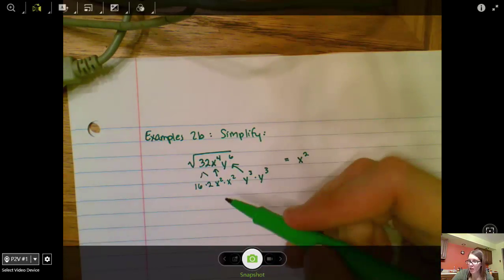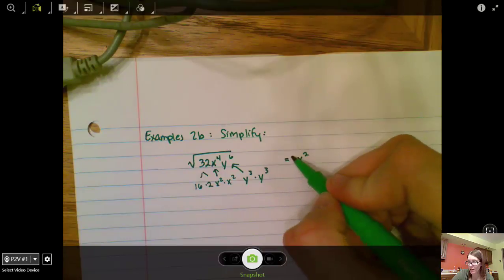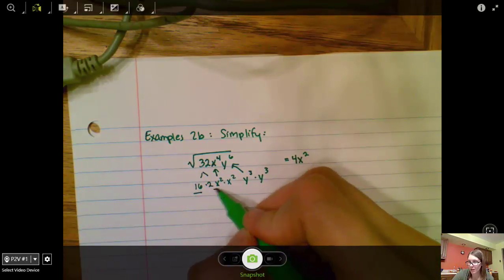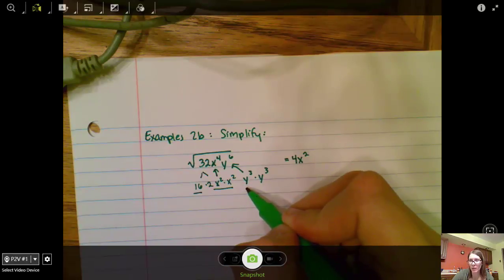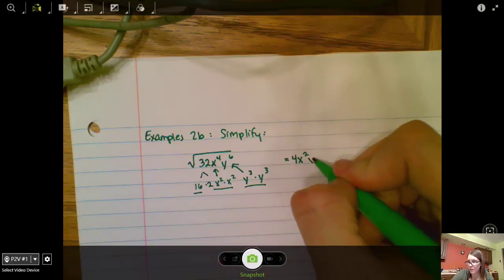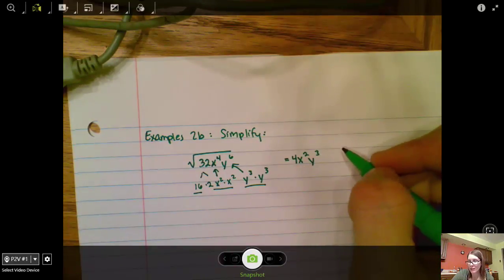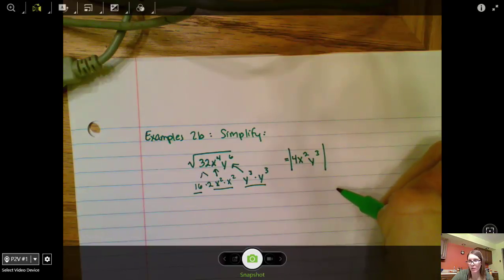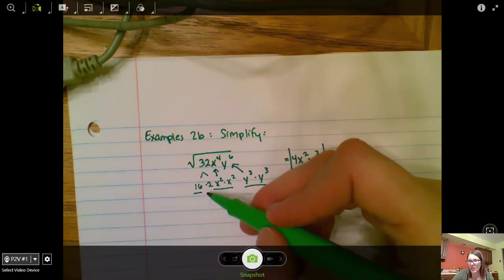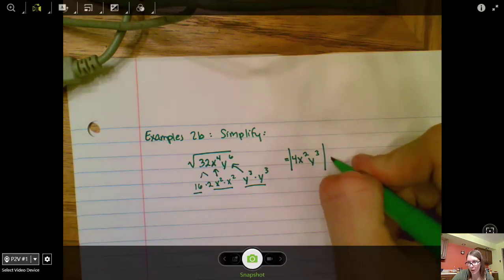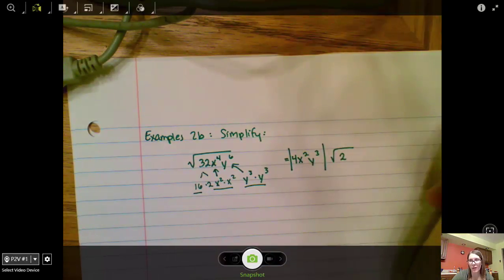That could come out. The square root of 16 is 4, so that comes out too. The square root of y cubed times y cubed, we have something times itself, is y cubed. Now since we had an even root, this really should all be in the absolute value. But notice we have this 2 that was left over also. That 2 we couldn't square root, so that's going to stay underneath our radical here.